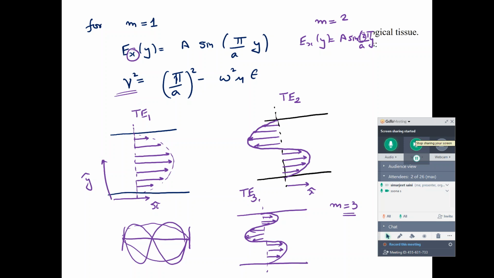I'm creating reflections of the electric field right at those conductors, which create this resonance. We'll mathematically look at that tomorrow, and we'll see how we can represent these modes as a summation of two plane waves which are interfering with each other.